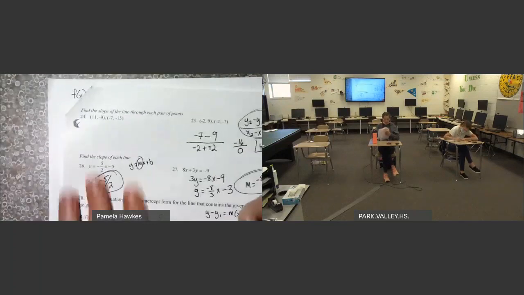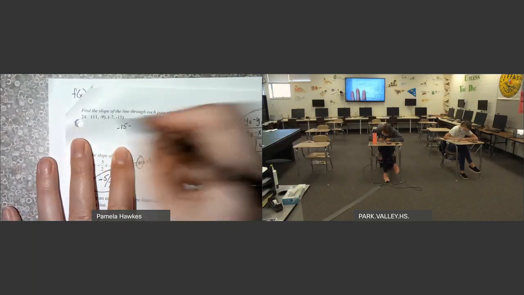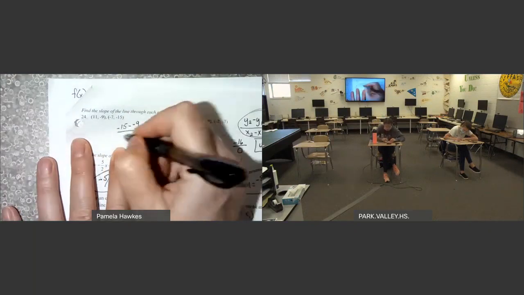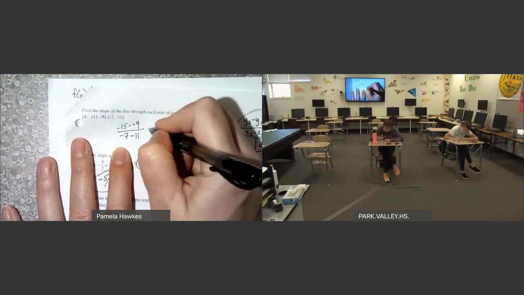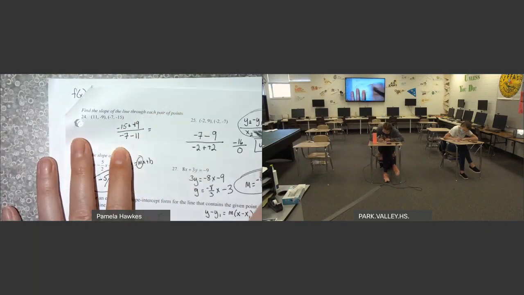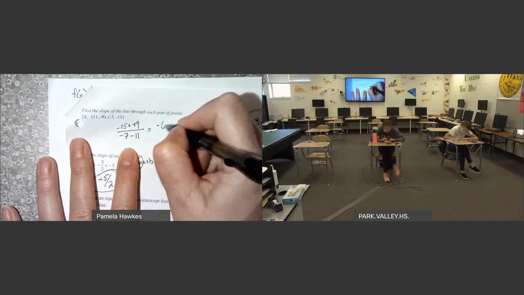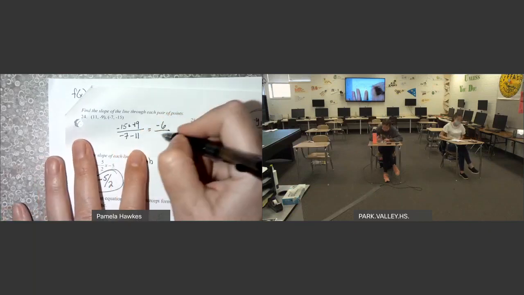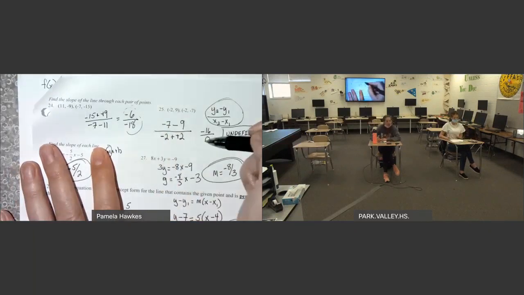So I go y2, negative 15, minus y1, negative 9, over x2, negative 7, minus x1, 11. Minus a minus is plus. Negative 15 plus 9 is negative 6 over negative 7 minus 11 is negative 18, right? Does this reduce to what?